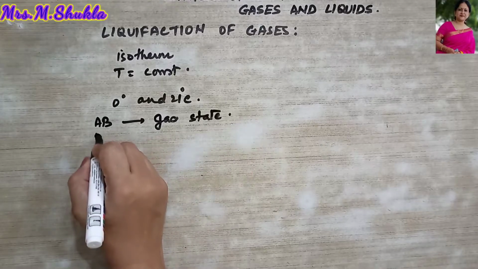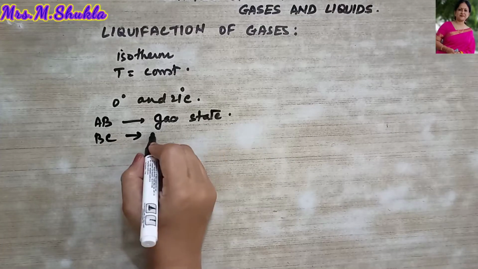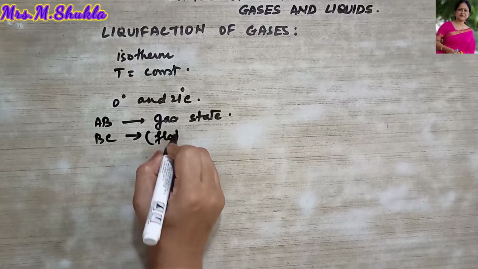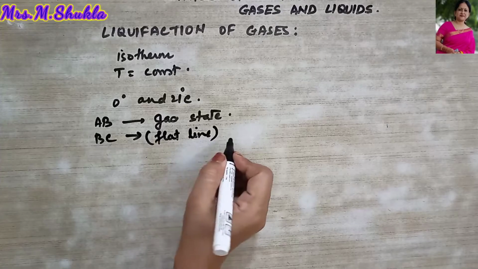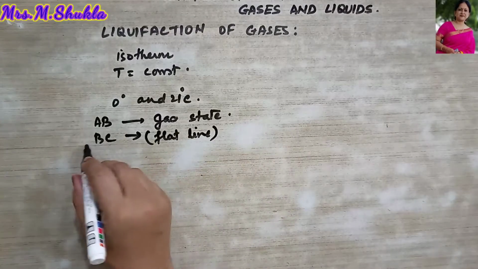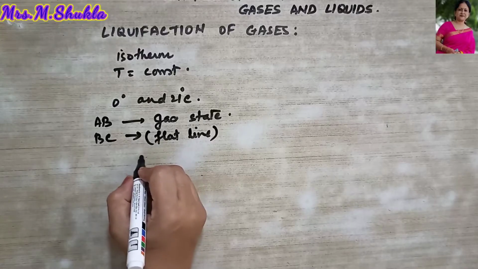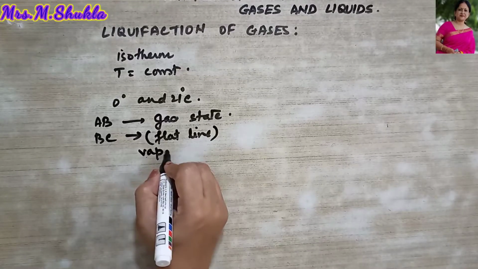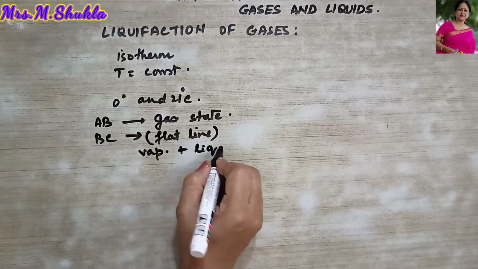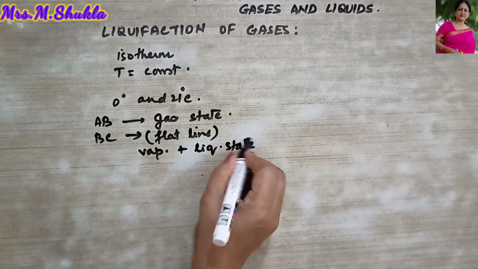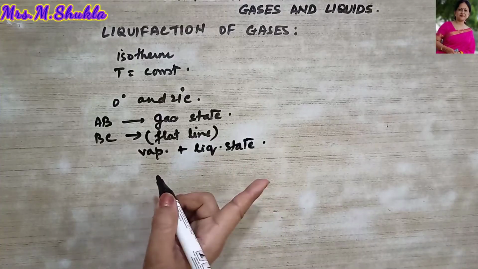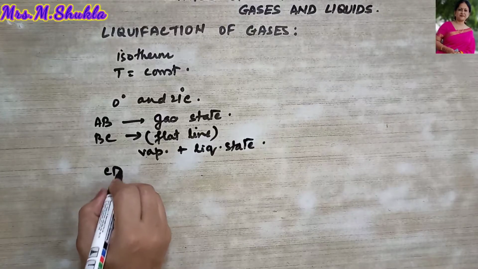Now look at BC. BC over here, it shows your flat line, okay? The flat line that you can see over here. Over here in this BC state, it is changing into vapor form, but still it is in its liquid state, right? And look at the third part of it, CD.